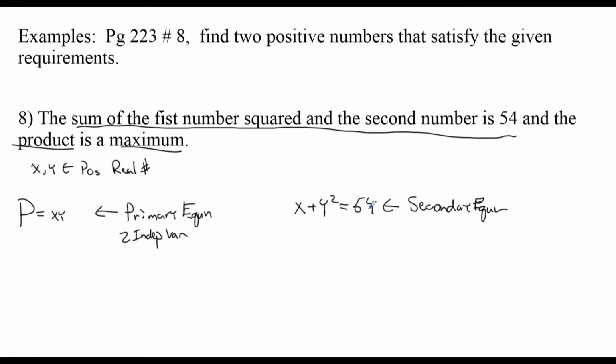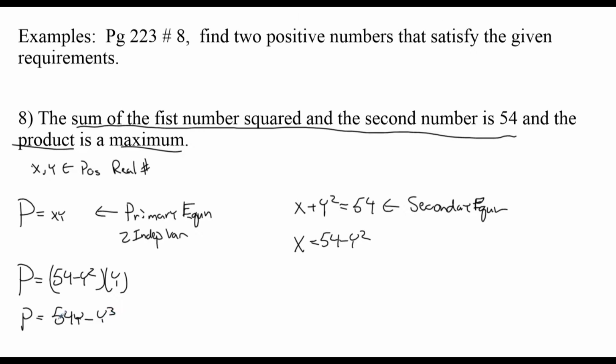And this secondary equation can be simplified in such a way, say x equals 54 minus y squared, so that I can substitute this expression in for the x, and now say that 54 minus y squared times y equals 54y minus y to the third.